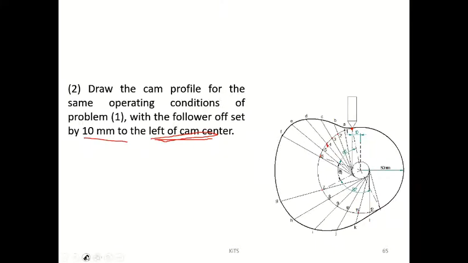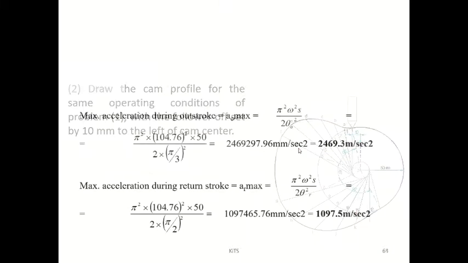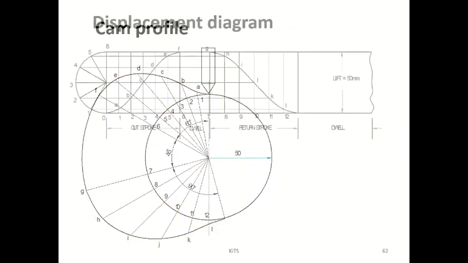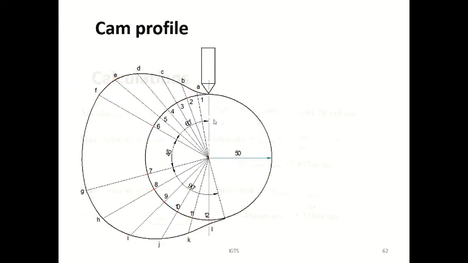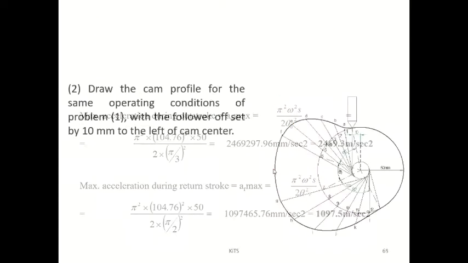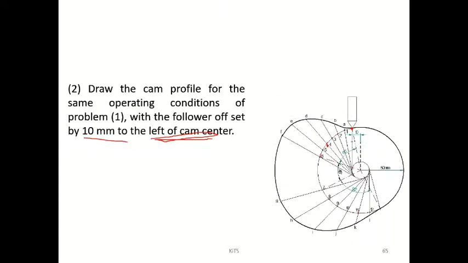Now you know the procedure. After drawing all the lines, what you have to do? You have to go to the displacement diagram. Measure the distance between 1 to A, 2 to B, 3 to C, 4 to D, and mark the distance here. 1 to A, mark it. 2 to B, mark it. 3 to C, mark it. 4 to D, mark it.